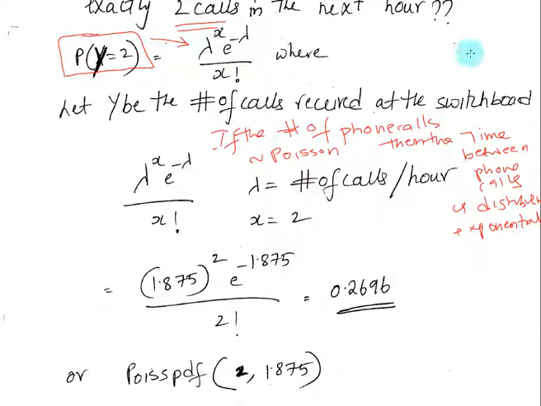And the way you get this 1.875 is that we are saying lambda is 1 over 32, and that is in minutes; if you want it in hours, that'll be 1 over 32 times 60, and that would be 1.875. So if you're wondering how this lambda value of 1.875 has been obtained, that's how.